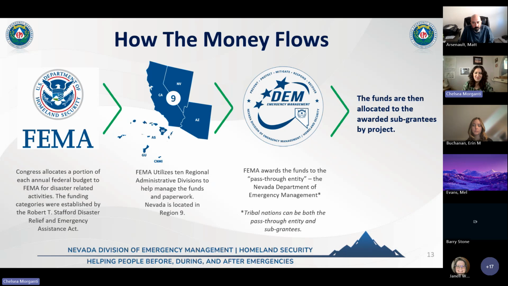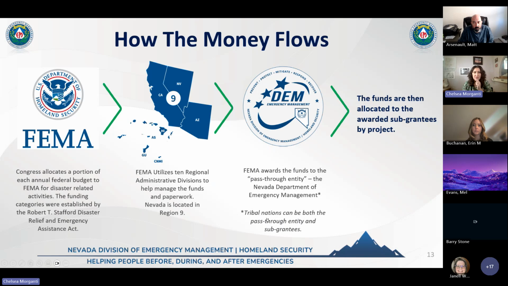For a long time, I talked about this role of emergency management and mitigation being one of translation, trying to translate the federal requirements into more understandable language and translate local needs and goals into the language that FEMA understands. Any questions about how this funding works?